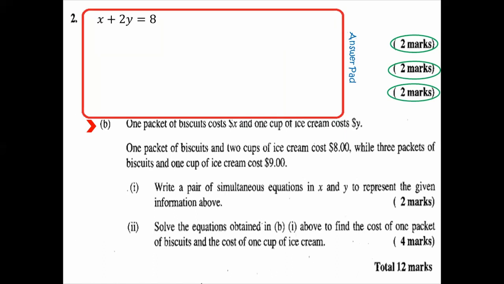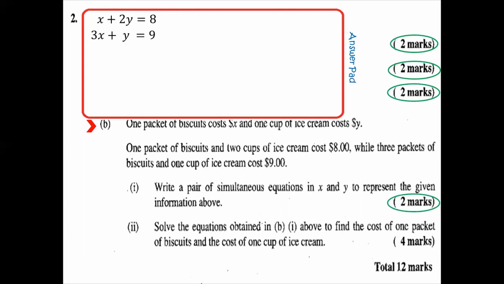Now the other, while 3 packets of biscuits, right, and 1 cup of ice cream cost $9. These are our equations generated from a situation there for 2 marks. Good. Now we're going to be solving this equation here. That is B part 2. Find the cost of 1 packet of biscuits, which is x, and 1 cup of ice cream, y.